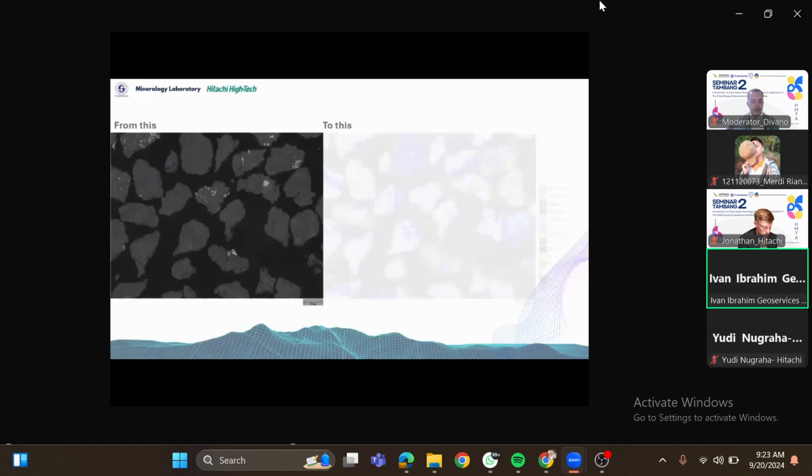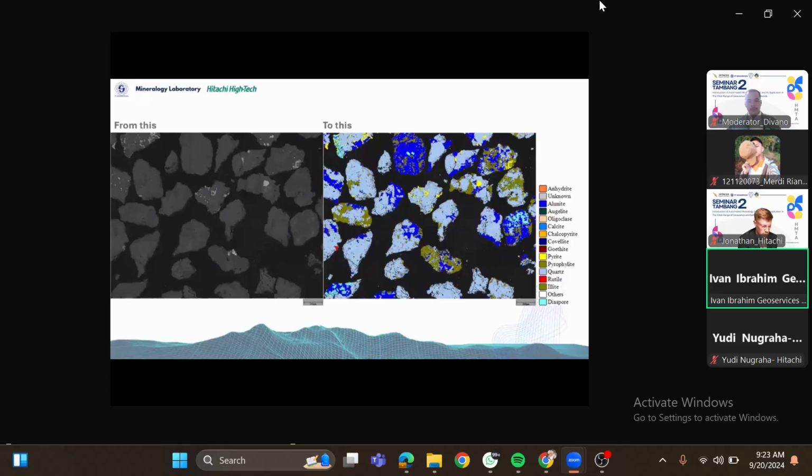Oke, selanjutnya. Kalau kita lihat penentuan mineral itu kan sebelumnya kasarnya ya mengawang-awang. Oke, ini ada heavy mineral, ada light mineral. Lalu bagaimana kalau kita punya sistem yang bisa menentukan secara definite mineral ini apa.